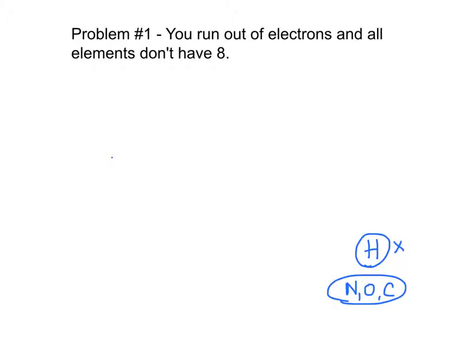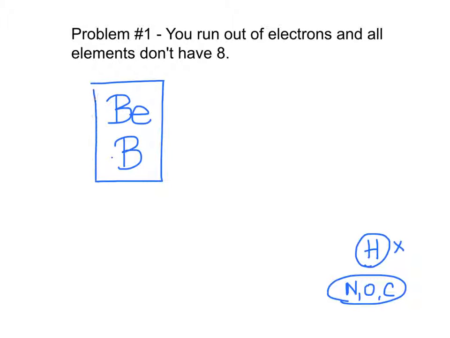So keep that in mind. One other comment on this: there are actually a couple of exceptions, 2 notable exceptions to this rule, that are beryllium and boron. It turns out that these two will be electron deficient. You will not get 8 around them, and it's okay. Beryllium is an exception.